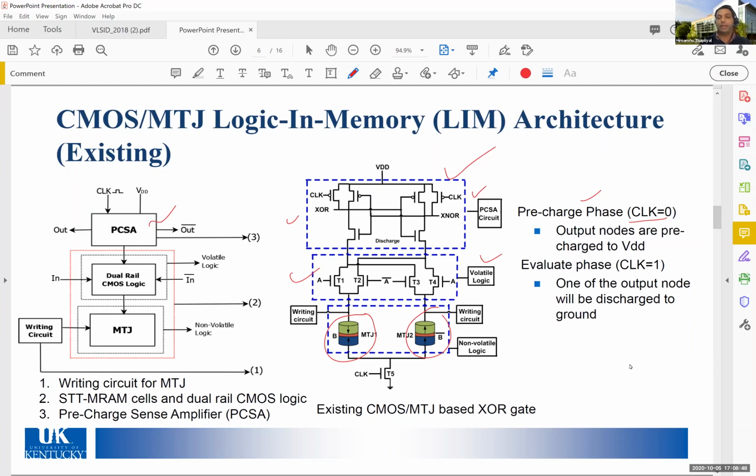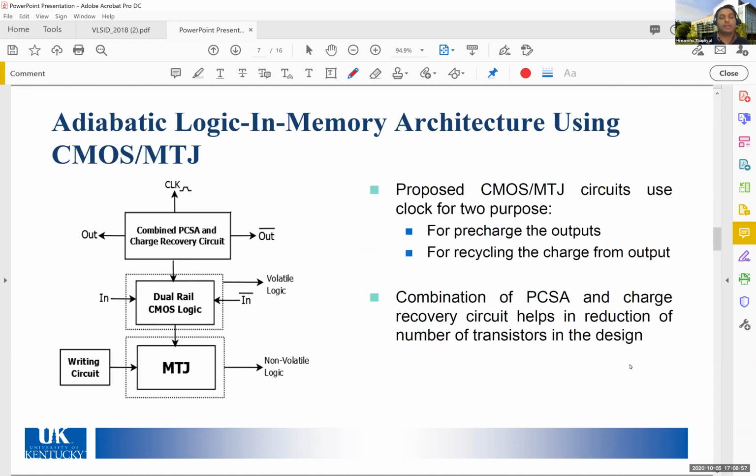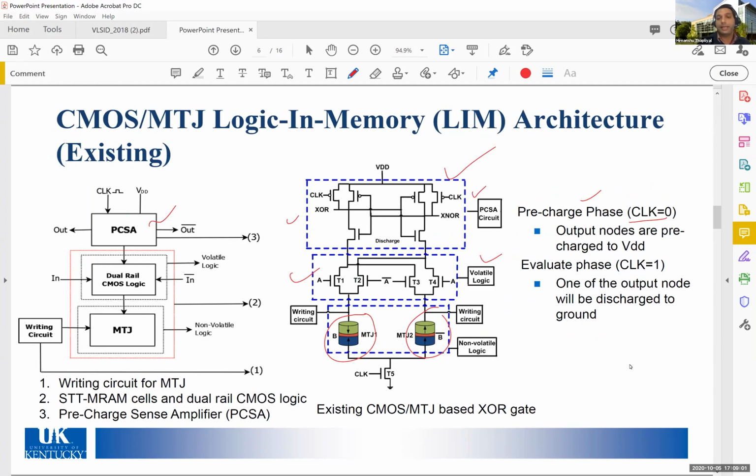Finally, one of the outputs will be at VDD, and the other output will be the complementary, at ground. That's how it works.